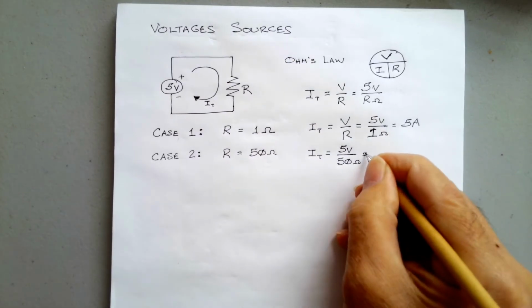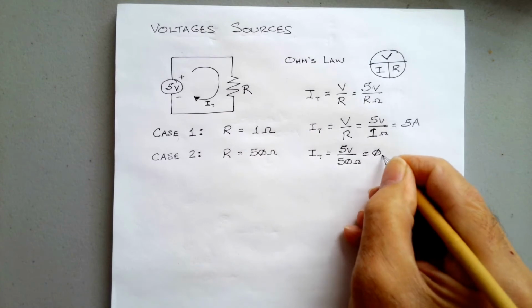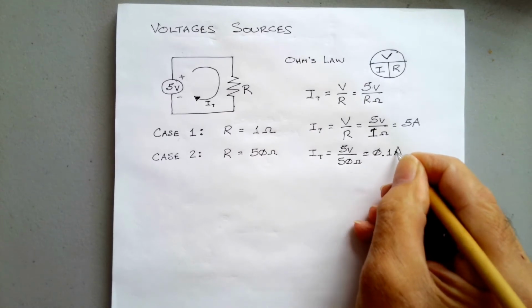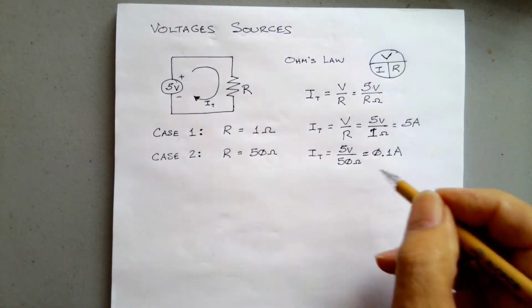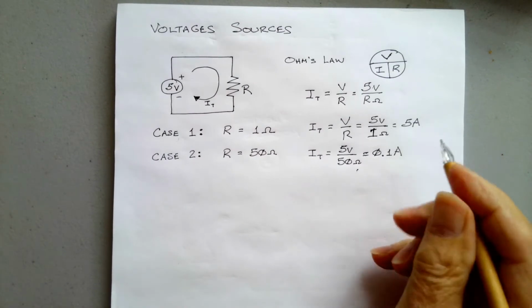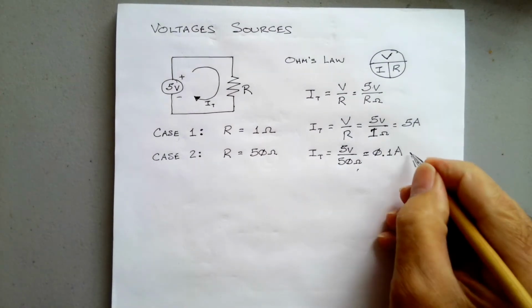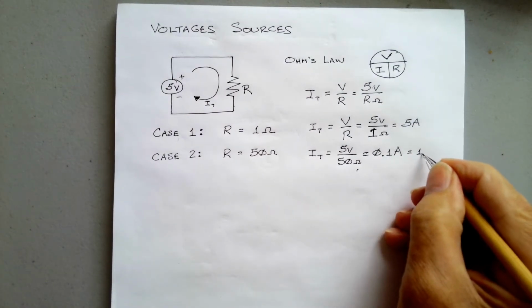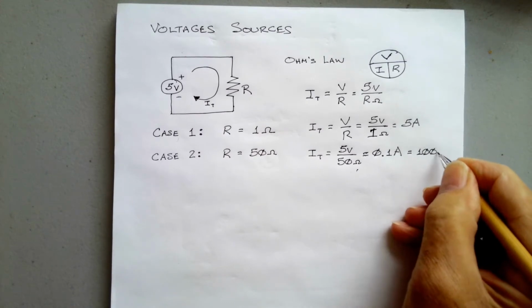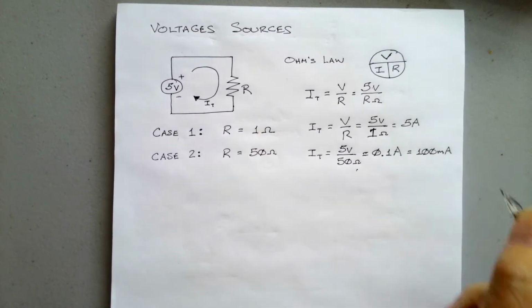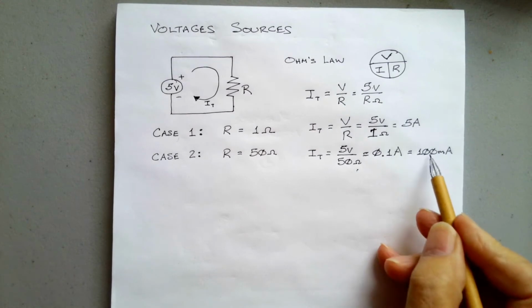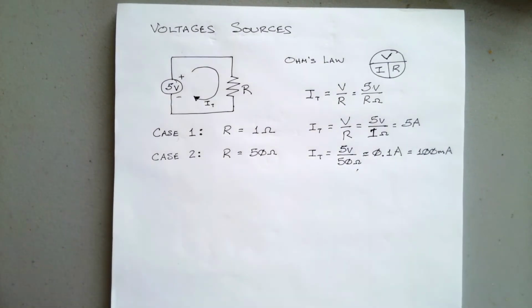And we could say that's equal to 0.1 ampere. If we work that out with engineering notation, we would see that it's equal to 100 milliamperes, because 1 ampere is 1,000 milliamperes, a milliampere being 1,000th of an ampere. Yeah, so that's all well and good.